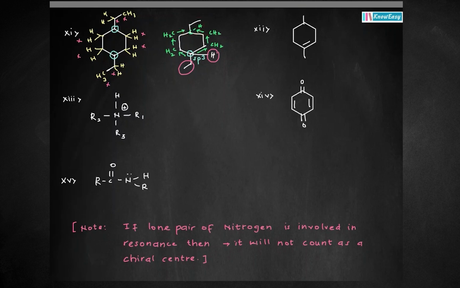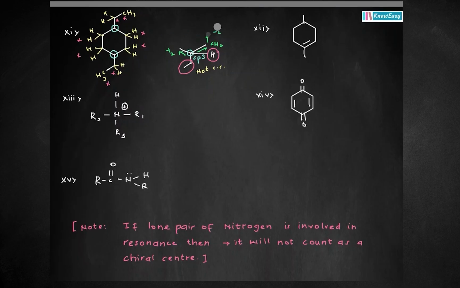That simply means this carbon has third and fourth valencies exactly the same. So now you tell me, will we consider it a chiral center or not? Yes, absolutely. We will not consider this a chiral center. It is not a chiral center. Got it? I hope now it is clear to you.